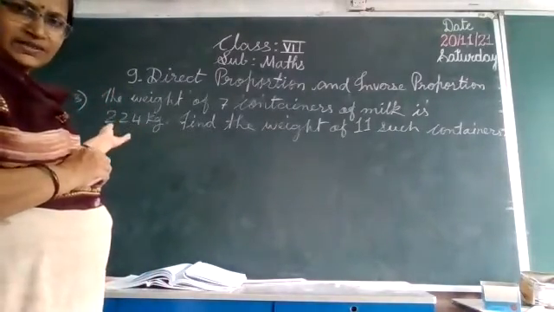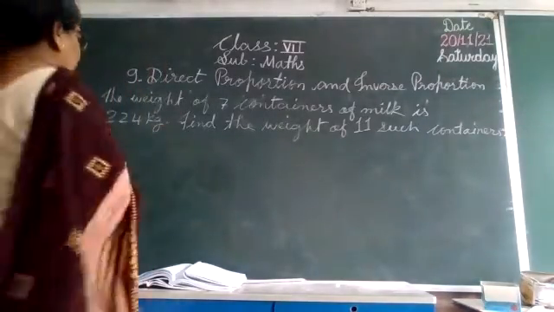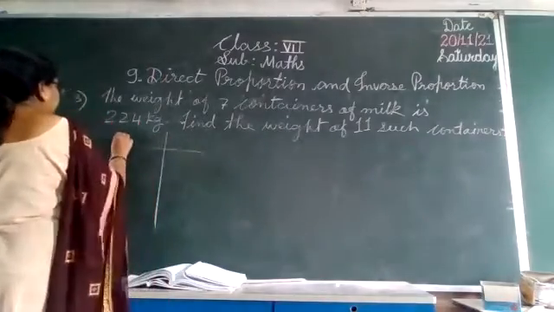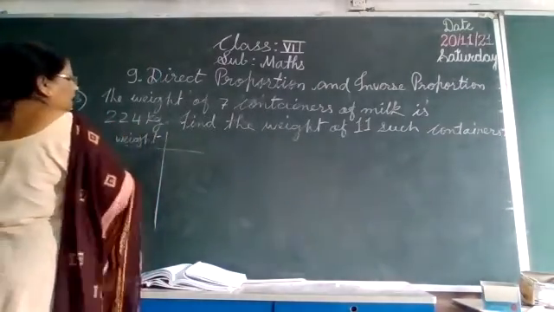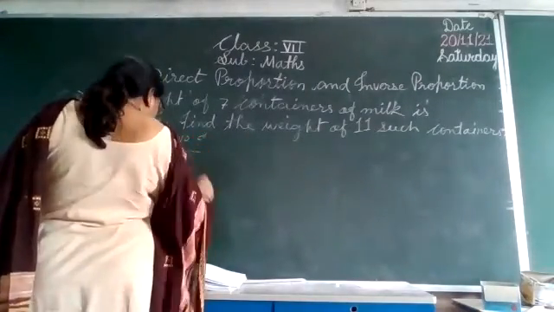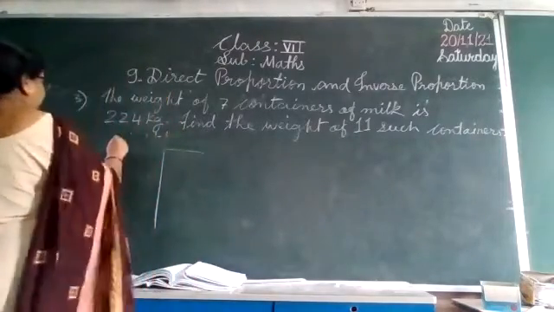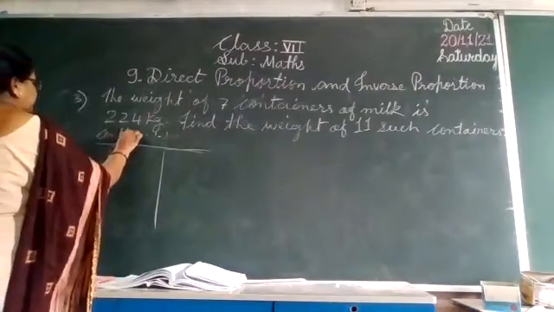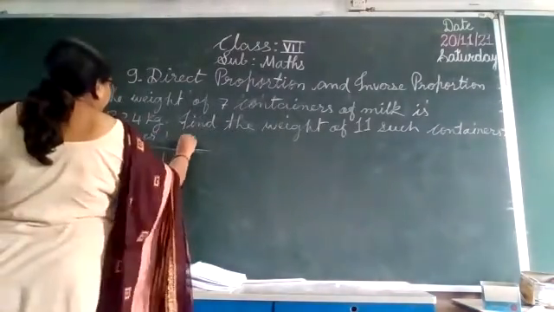So it will increase from 224, so it is direct variation. Here we will make 2 columns, one for weight and another for number of containers. Or you can first write number of containers, and here you can write weight.